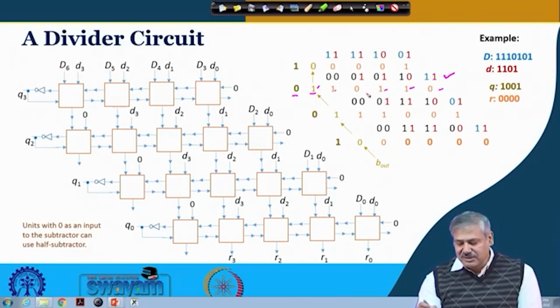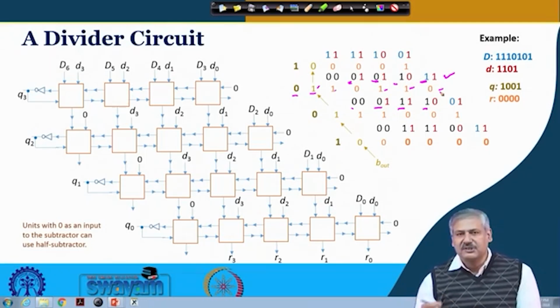So here this result 0 will not come, so this 0 will come over here, this one will come over here, and this one will come over here, not the difference result. That is what we have seen, the operation of the multiplexer.